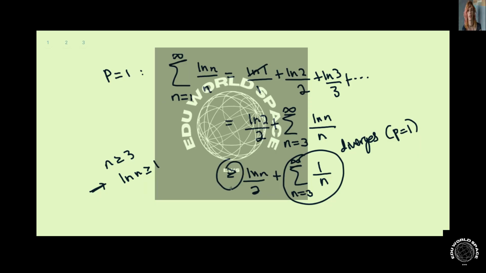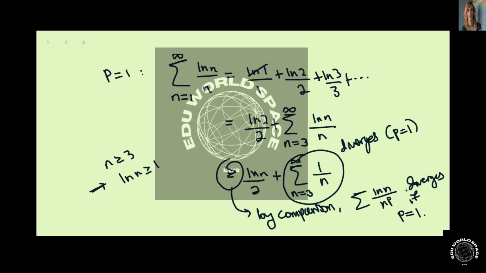And therefore, by comparison test, the series diverges if p equals 1. So therefore, by what we showed on the previous page, the original series converges if and only if p is bigger than 1.